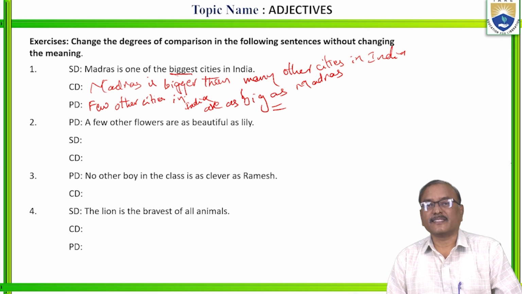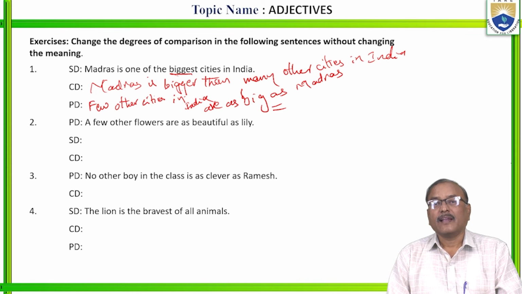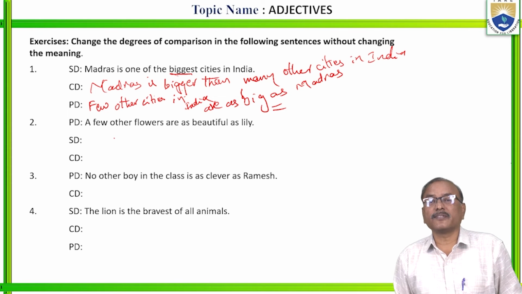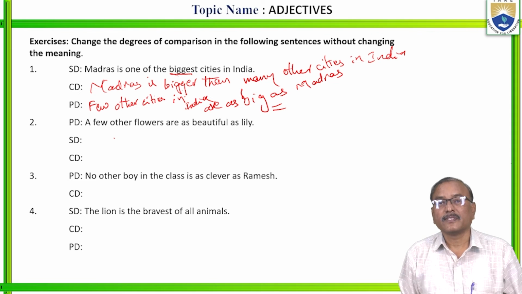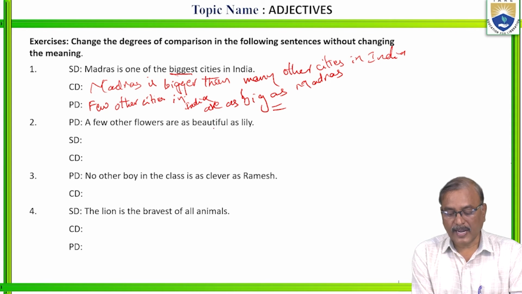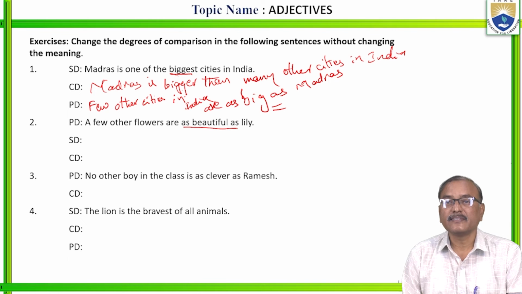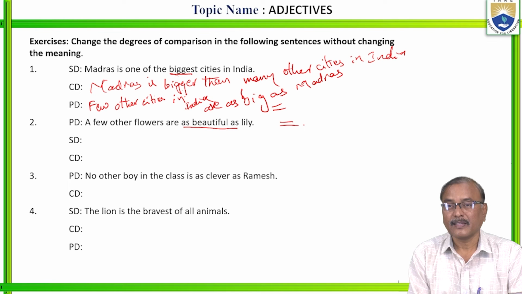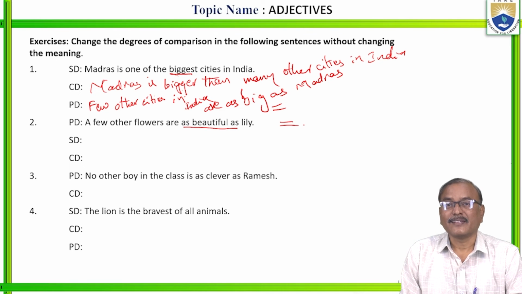So you have to think like this. And sometimes they may give it in positive degree and ask us to change it into superlative. So, few other flowers are as beautiful as lily. This is positive degree. As beautiful as means equal. Okay. So, some are equal to lily.